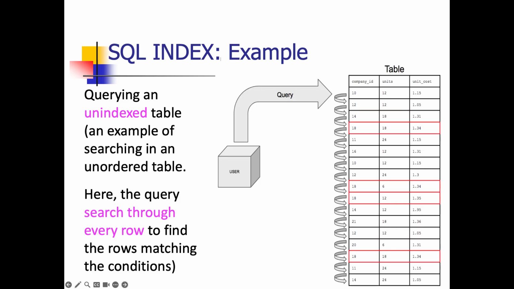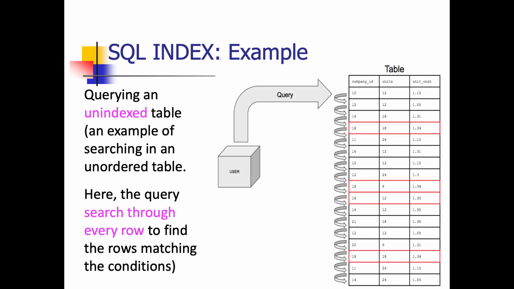Now, let's explain this. When you want to query an unindexed table, for example the table that you see here, let's say you want to search through the rows to find company ID 18, okay? So you're interested in only company ID 18.